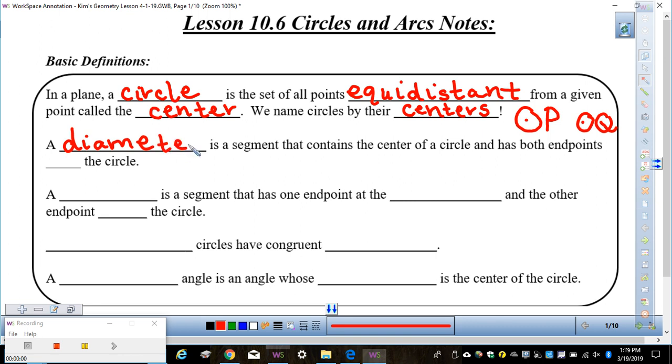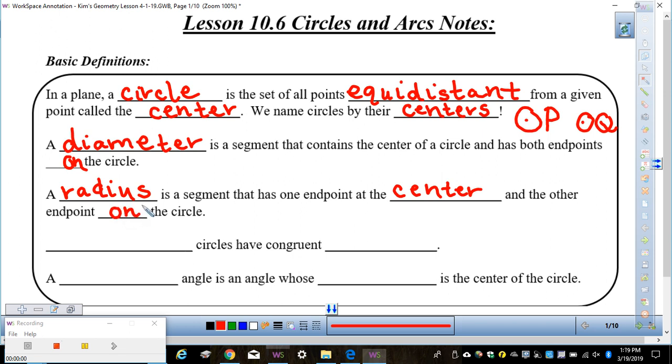This is a segment that contains the center of a circle and has both endpoints on the circle. A radius is a segment that has one endpoint at the center and the other endpoint on the circle.